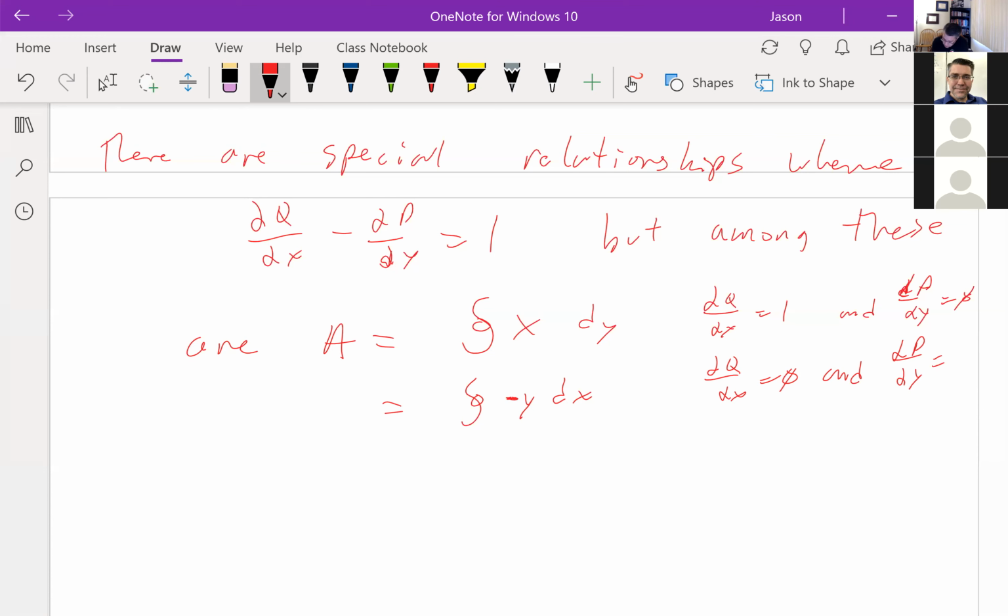Yeah, negative 1. So we got 0 minus negative 1 equals 1.